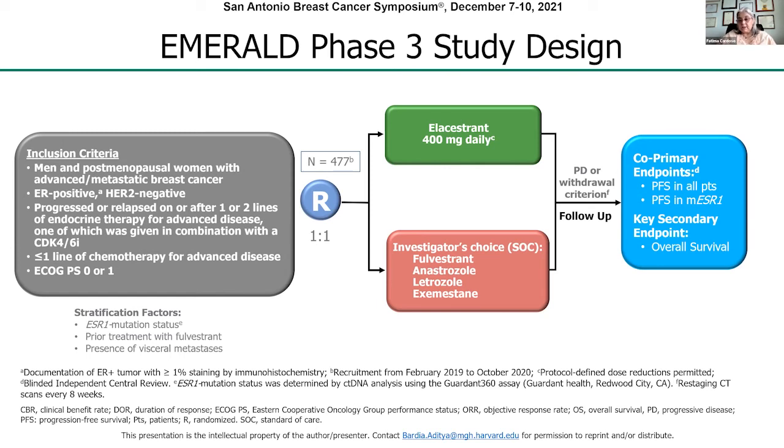The first phase 3 trial was this trial with elacestrant, one example of an oral SERD, compared with other types of endocrine therapy. In this case, patients had already received 1 or 2 lines of endocrine therapy, and could also have received 1 line of chemotherapy.